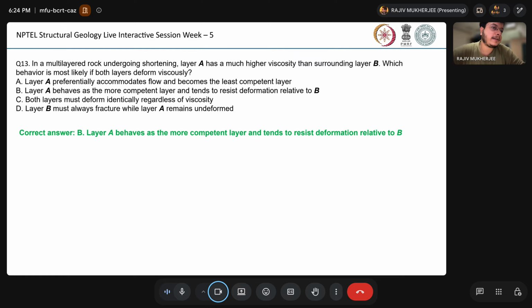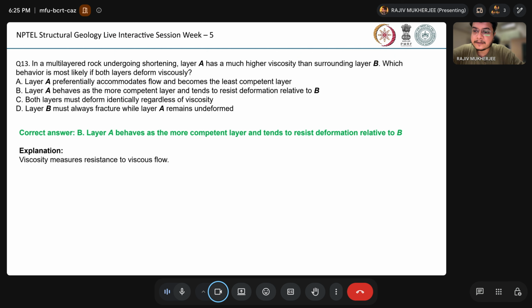And that actually introduces heterogeneity in deformation. So heterogeneous deformation does arise from the fact that there can exist competency contrast between different layers, and therefore different layers would accommodate the strain differently from each other.